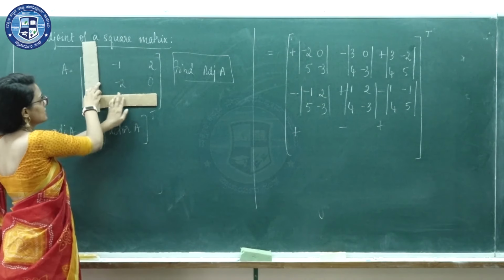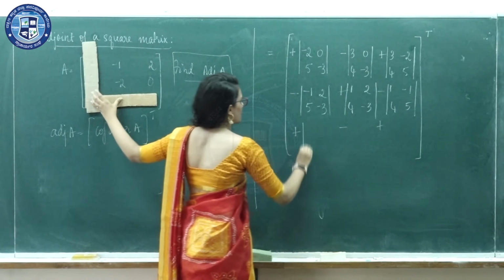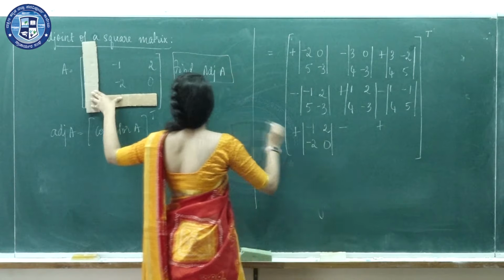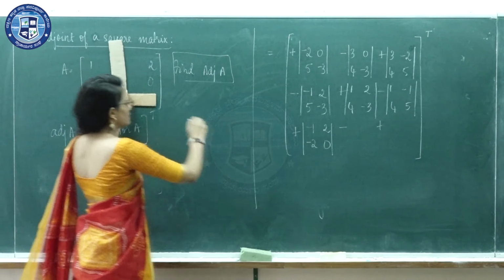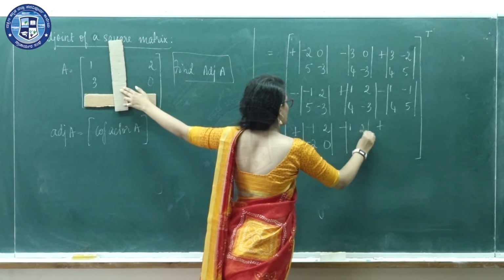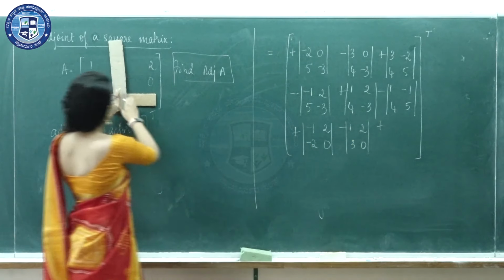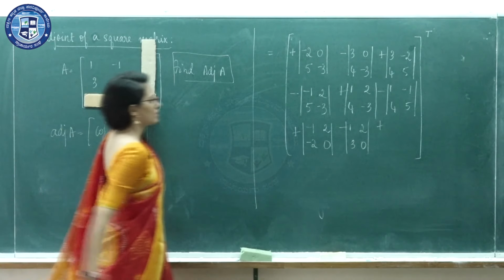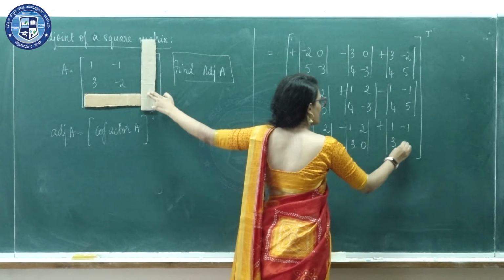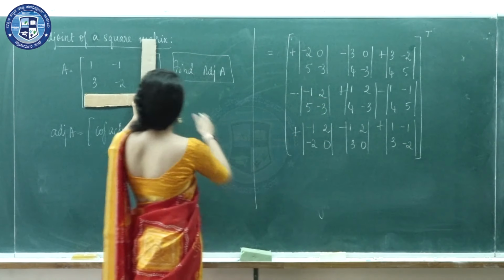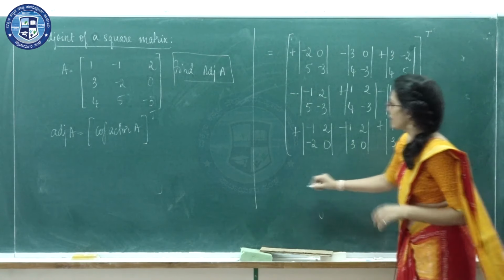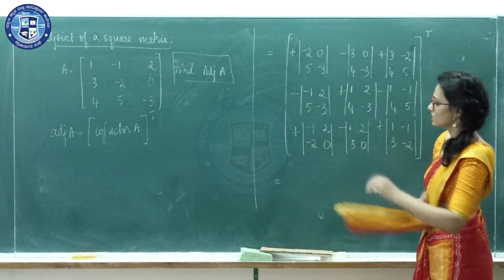Next term, we delete this: minus 1, 2, minus 2, 0. Determinant of 1, 2, 3, 0. The next one, determinant of 1, minus 1, 3 and minus 2.